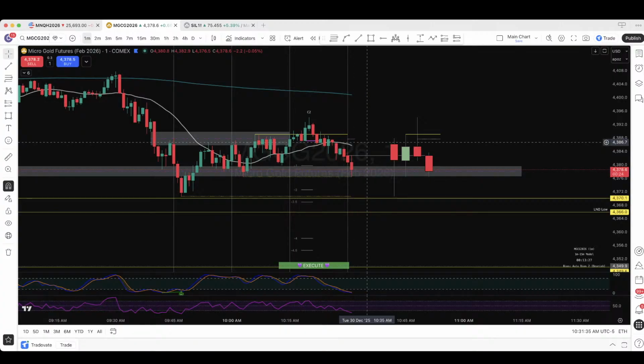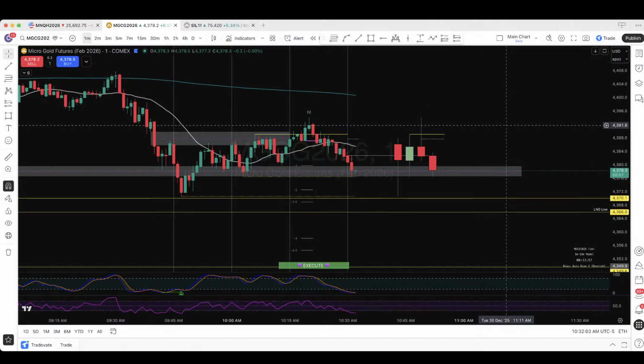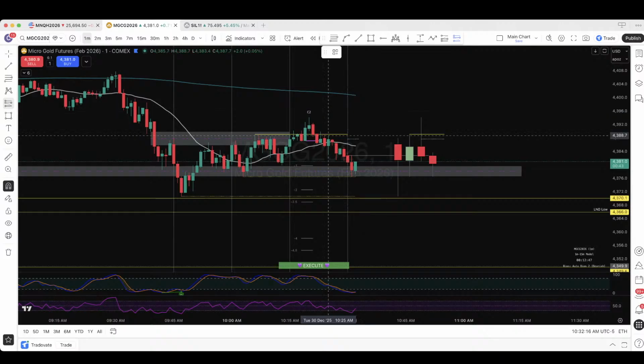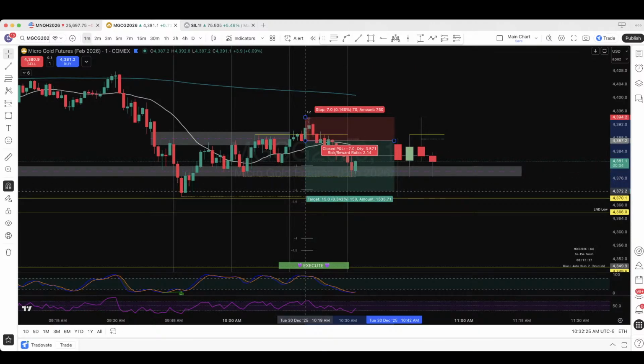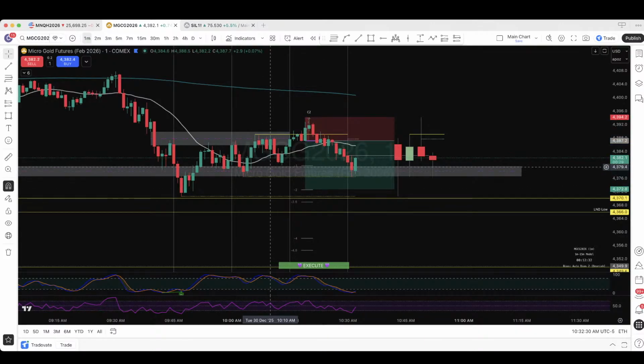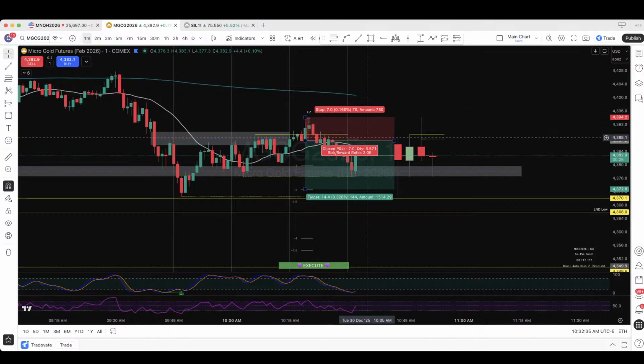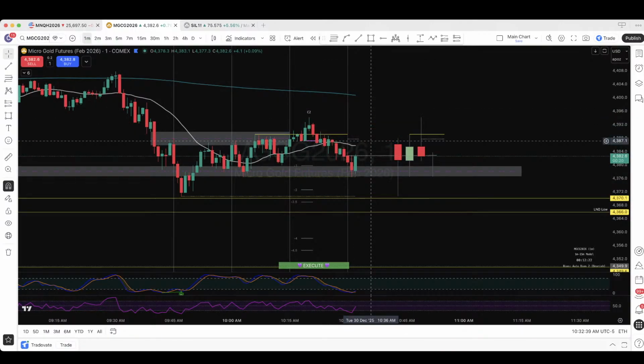That feels like a liquidity grab right there in that 1 minute. Oh, it bounced there again.